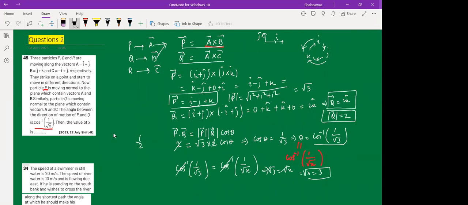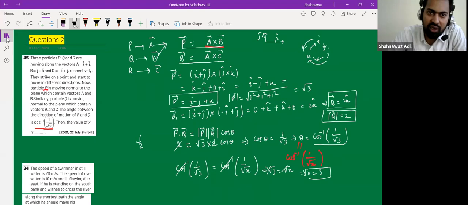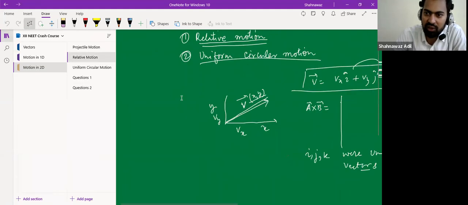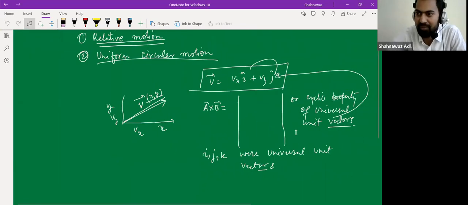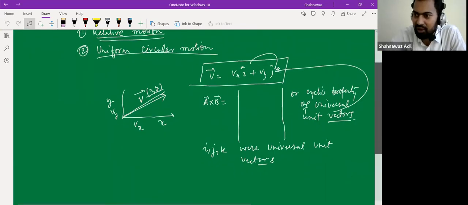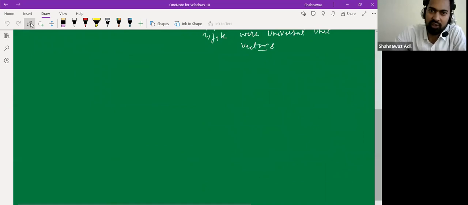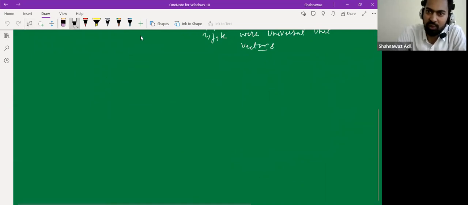Okay. So now let's just do the relative motion. What is a relative motion? If two bodies are moving, let's say a body A is moving with velocity VA, and some other body is moving with some other velocity VB.